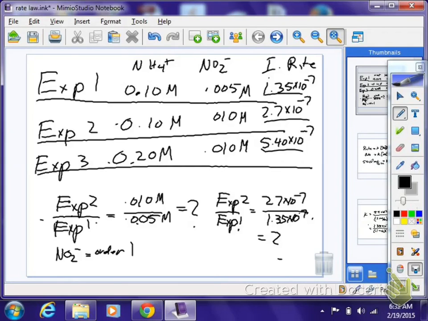We're going to switch things up. We're going to look at experiment 2 and experiment 3. When we look at that, the concentration for NO2 is constant, but the concentration of NH4 will go up between 2 and 3. So we're going to do the same thing. We're going to erase what we had for 2 and 1 in their concentrations and use the same format.